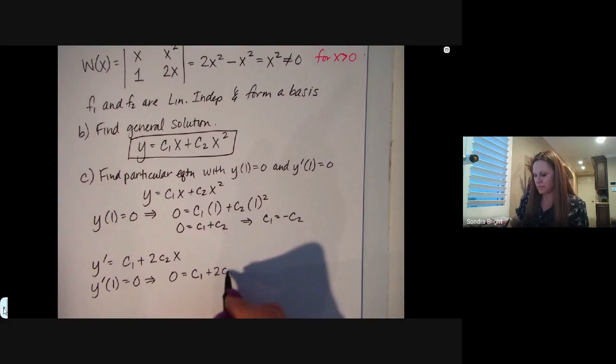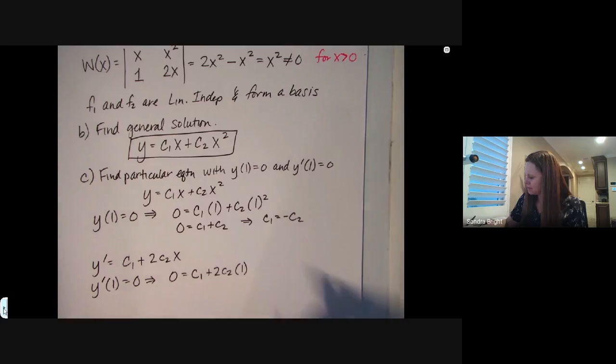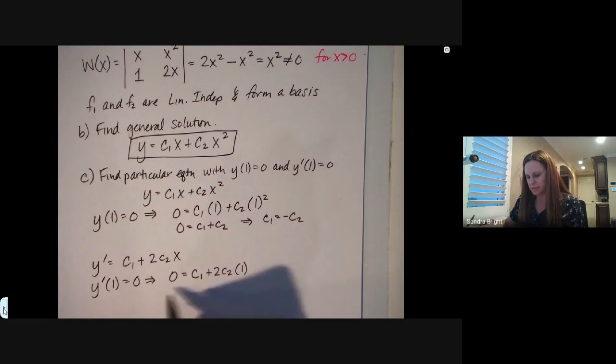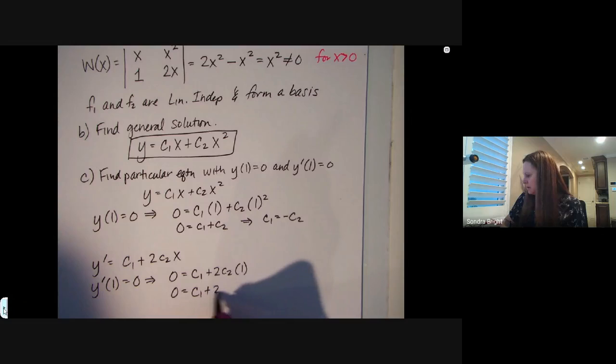All right, so what does that mean? That means c1 plus 2c2 is equal to 0.